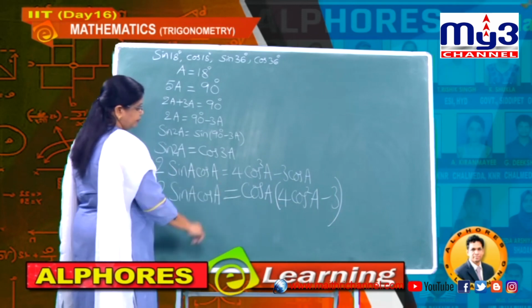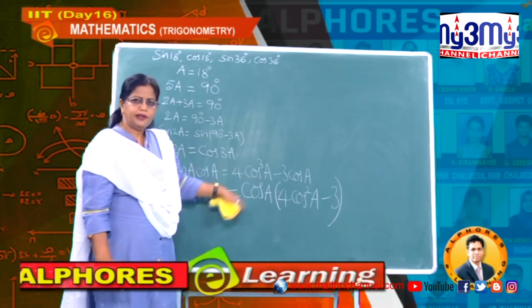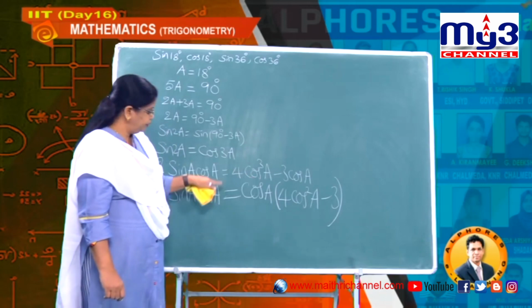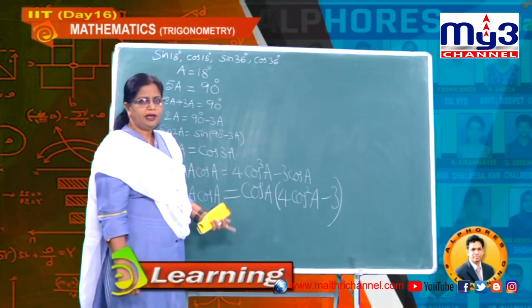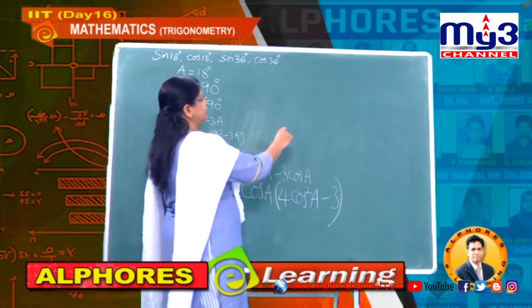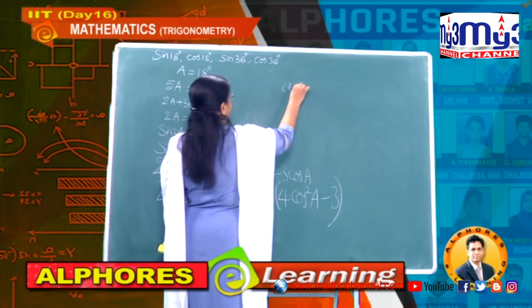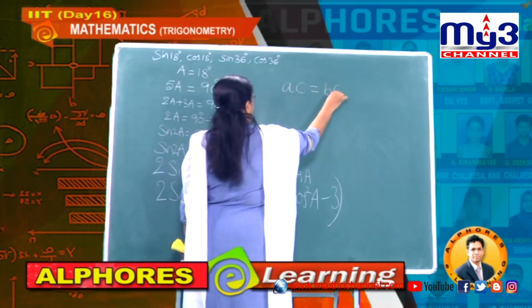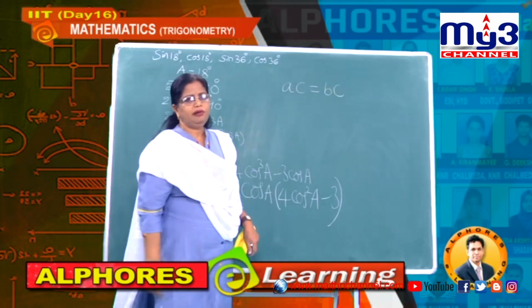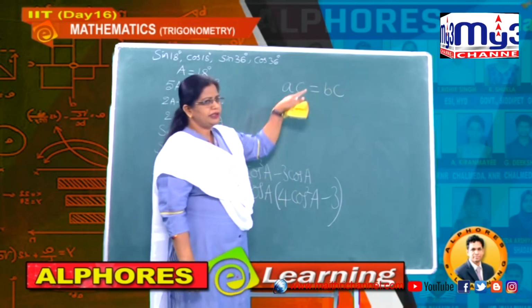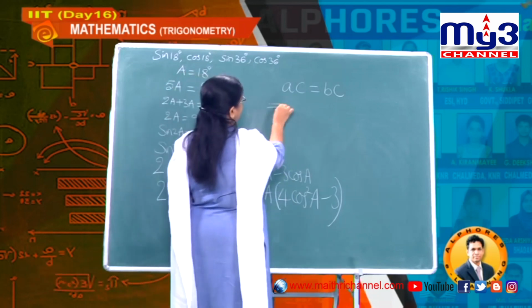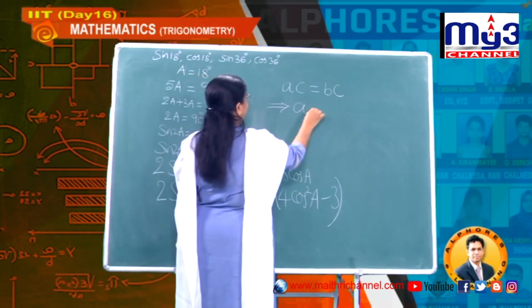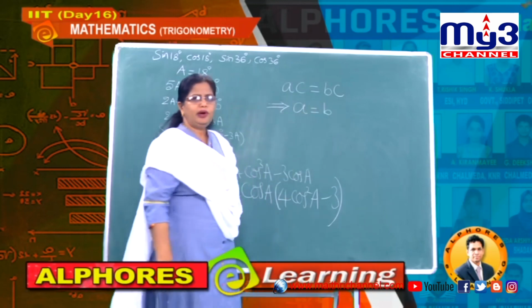Now before you cancel any value, you must check whether it is a zero value or non-zero value. That is very important. Students, if I write AC equal to BC, don't cancel directly. If I cancel, A equals B, any wrong in that?